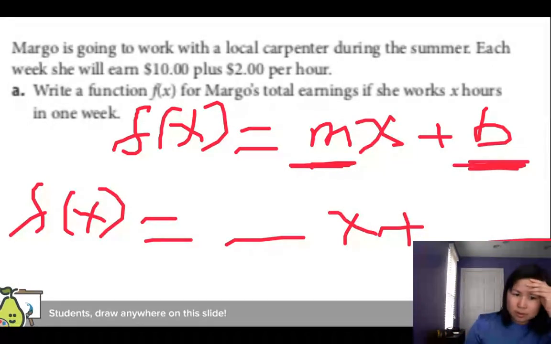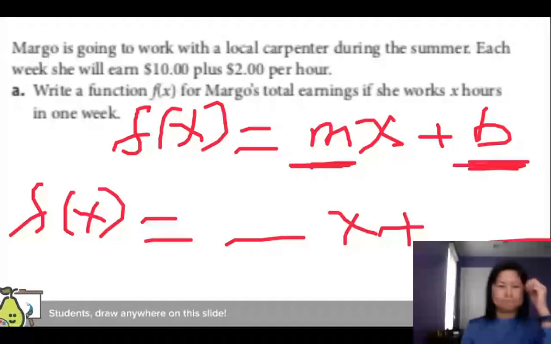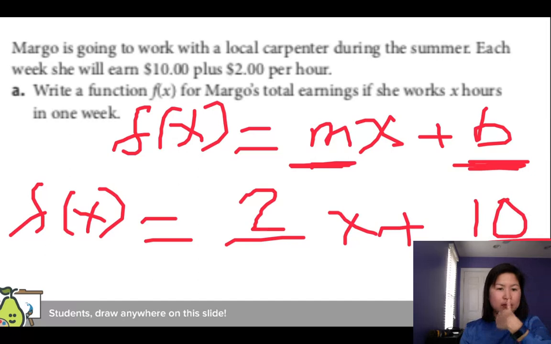Okay. So if you think about this, most of the time the slope or the rate is the one that has the word per or each attached to it. So the equation should be 2x plus 10. So thank you for those who have it. The ones who have it the other way around, just be careful the next time you look at these problems.